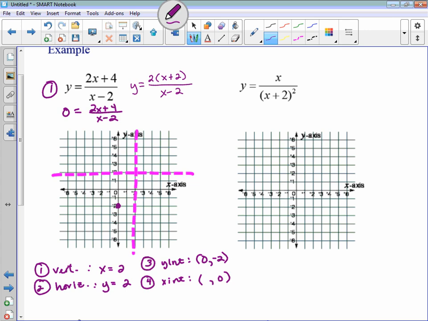The top. The bottom is where you get your vertical asymptotes from. The top is what gives you your x-intercept. So I'm really solving 2x + 4 = 0. What does x have to equal for that to work? -2. So I have that point.